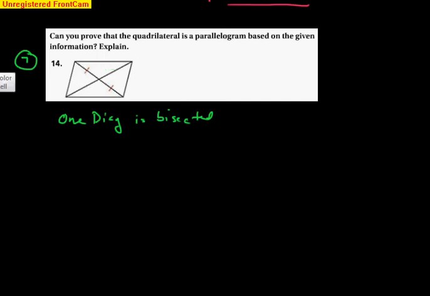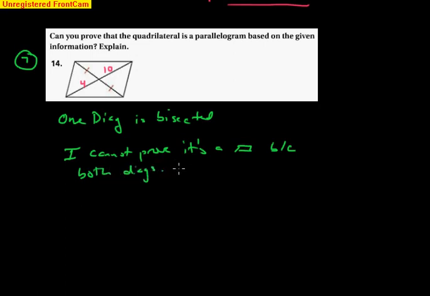I'm sorry, that's bad color. This one right here could be 10, and this could be 4. I don't know anything about them, okay? So I do not know if that other diagonal is bisected. So therefore, I cannot prove it's a parallelogram, because both diagonals aren't bisected.